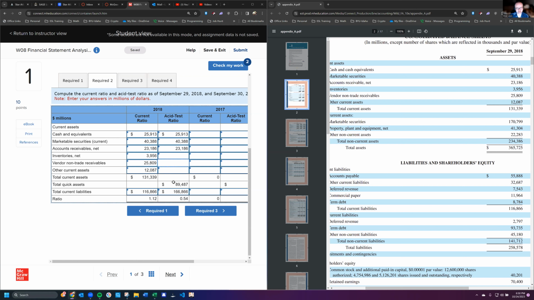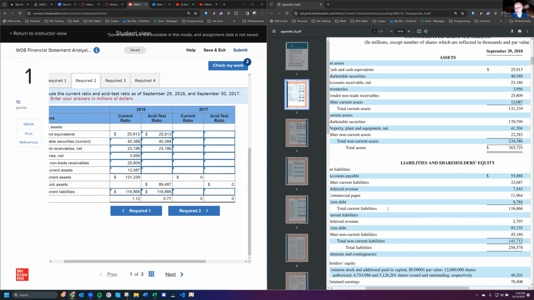Let's see. This seems a little wrong. Okay, so I am wrong. I fat fingered. Did I fat finger that one too? Oh yeah, I did fat finger that one. 116866. There we go. Okay, that looks right.